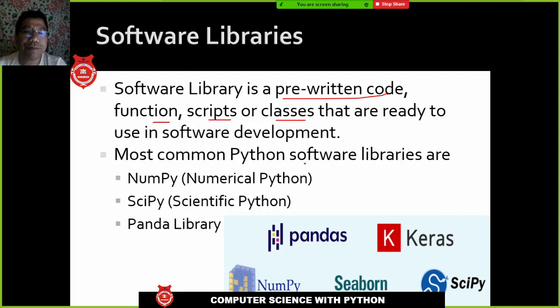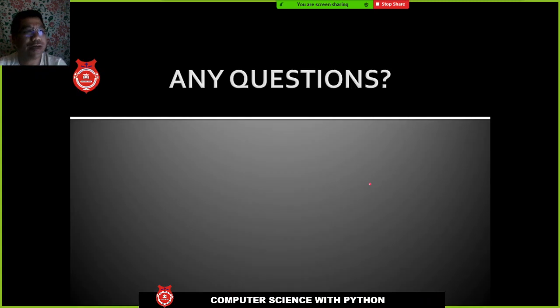The most common Python software libraries that I hope we are going to learn include NumPy, which is numerical Python. There is also SciPy, scientific Python, but we are not going to use it. And we also have Pandas to work with different data. These are the most common Python software libraries. Not only in Python, in other programming languages also, there are different types of libraries available. Do you have any question?